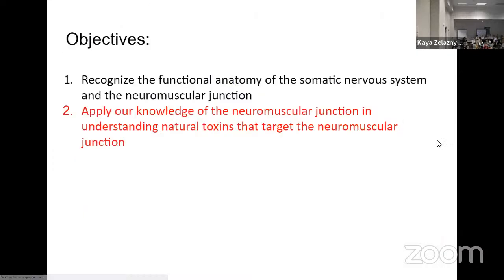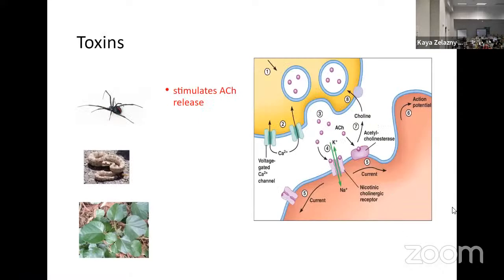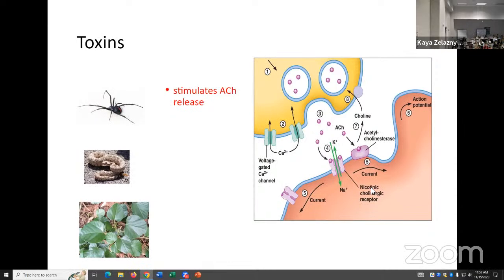Okay. Cool. So to wrap up and tie it all together, let's target in on our neuromuscular junction and take a look at some toxins that can actually affect how your muscle functions because they are affecting what's going on at this neuromuscular junction.